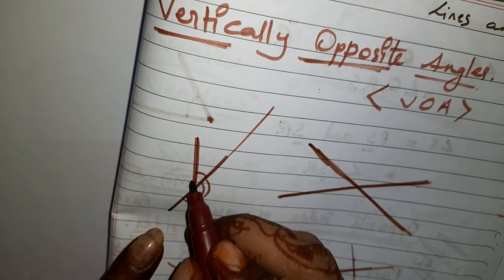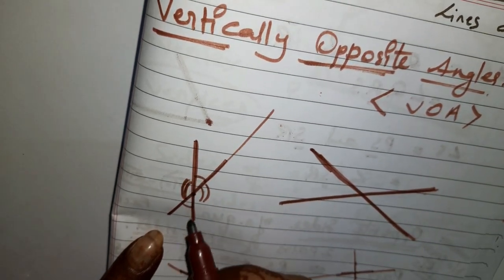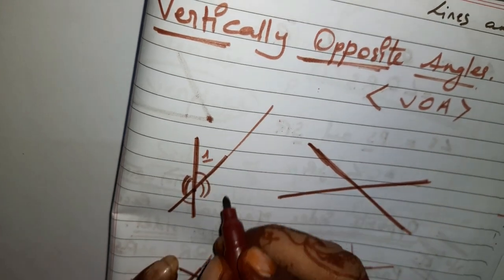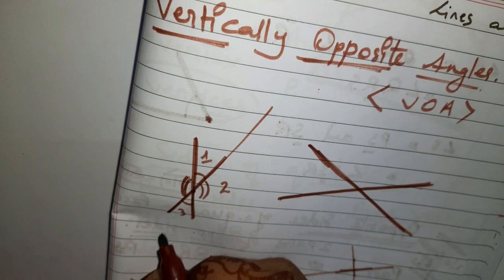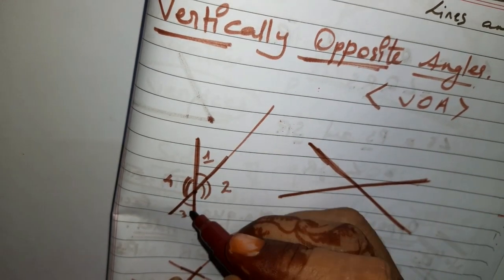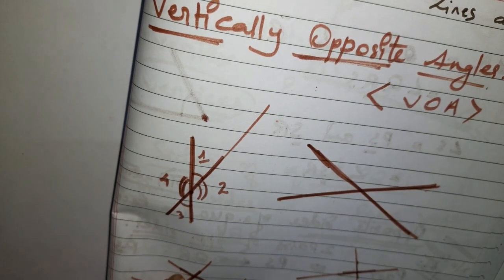Now in such type of figures, say this is angle 1, this is angle 2, this is angle 3, and this is angle 4, these four angles actually give you a pair of opposite angles.